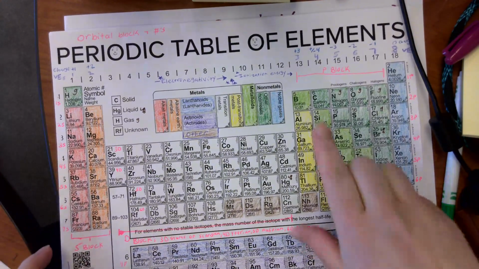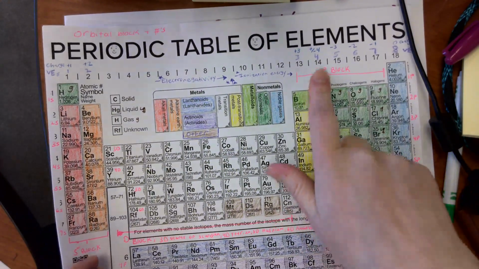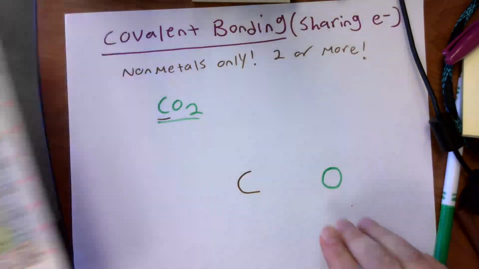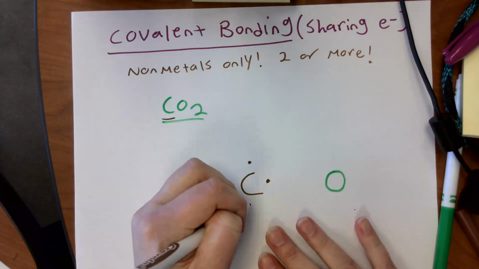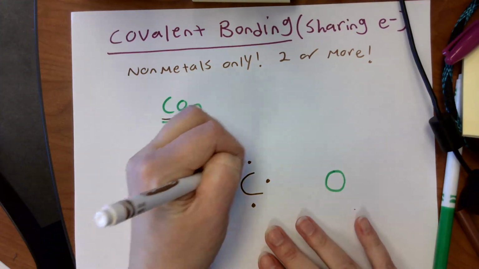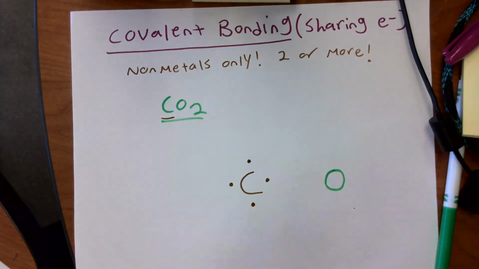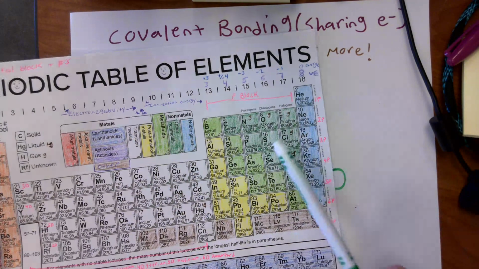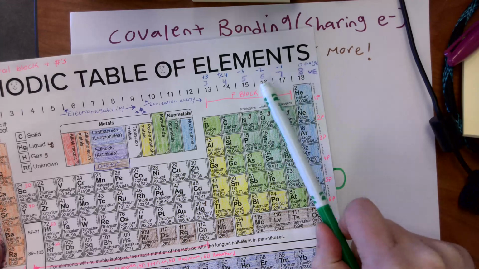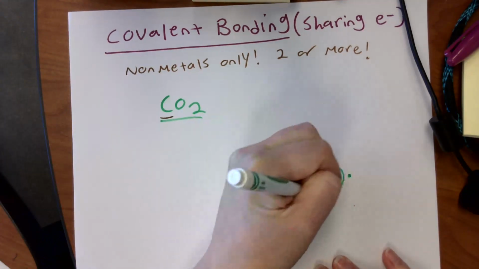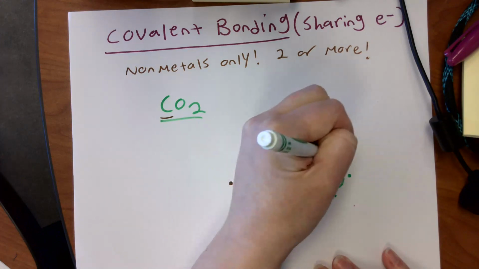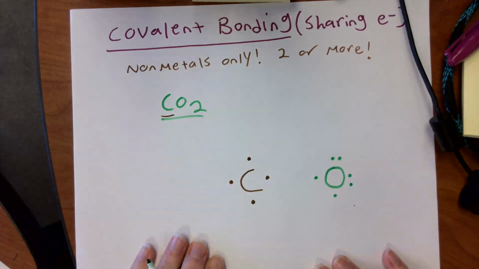So if we find carbon, it has 4 valence electrons. So 1, 2, 3, 4. Okay. And oxygen has 6 valence electrons. So 1, 2, 3, 4, 5, 6.